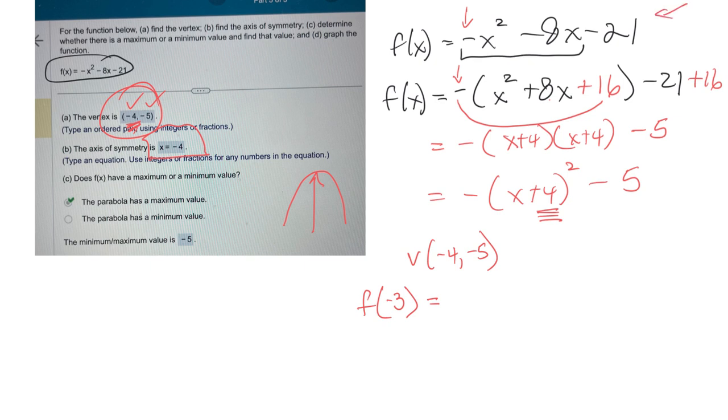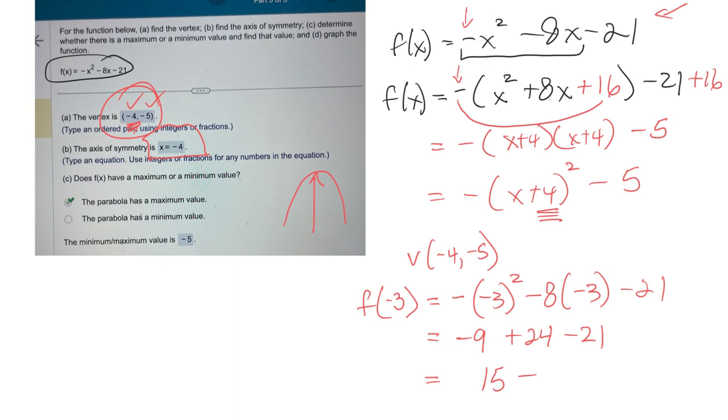So going back to the original function, I'll put a negative and then negative 3 squared minus 8 times the negative 3 minus 21. So negative 3 squared is 9, so this would be minus 9. Minus 8 times minus 3 is a positive 24. Minus 21. So minus 9 plus 24, I think, is 15.